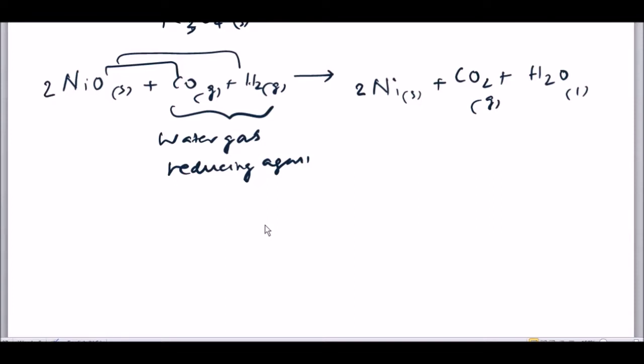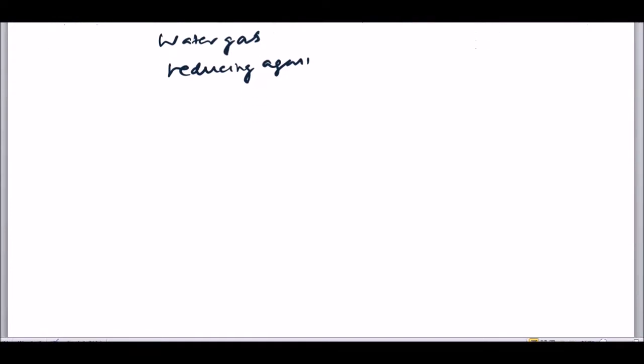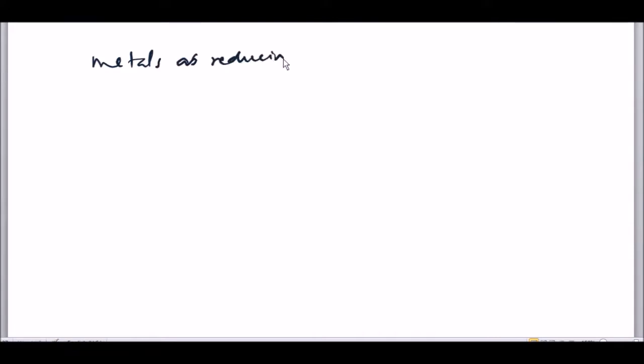And in certain cases, metals can be used as a reducing agent. Even the metals can be used as a reducing agent. So how are some other metals used to reduce one particular metal?